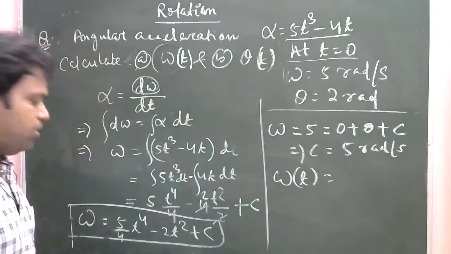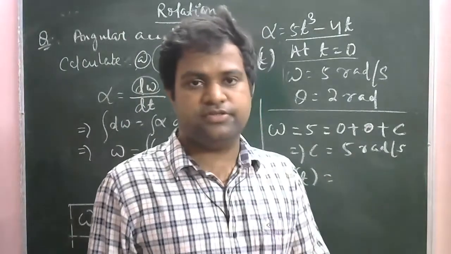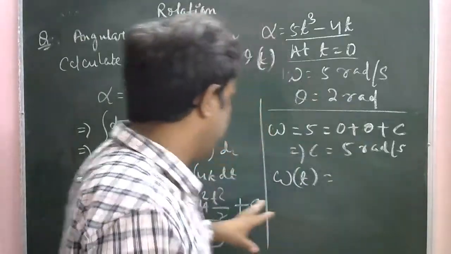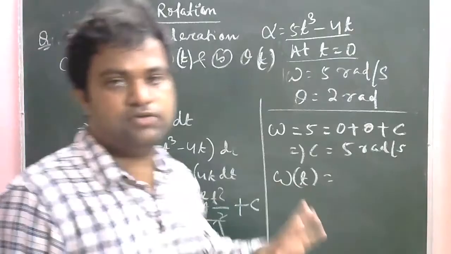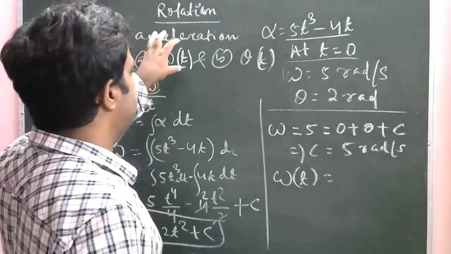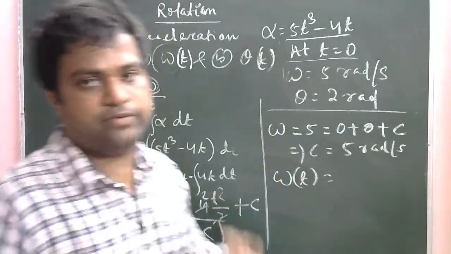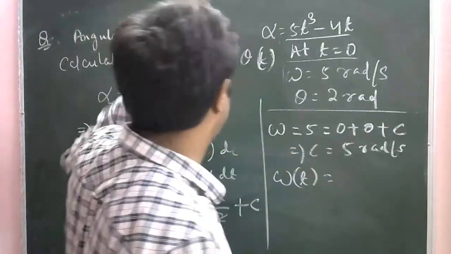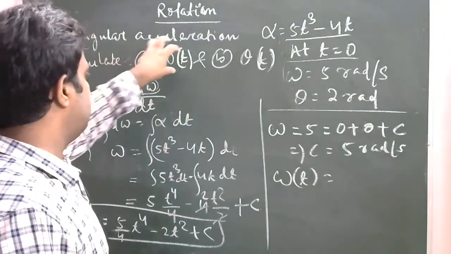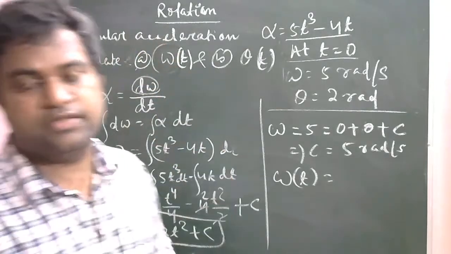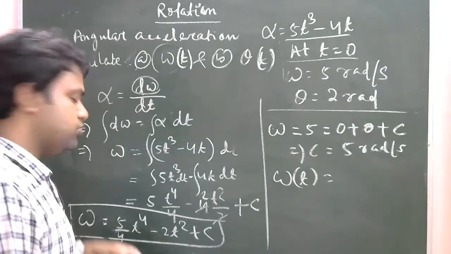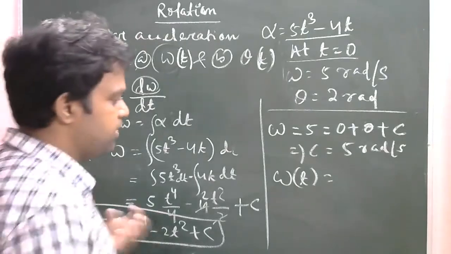Or if the time is given in the question, say calculate the angular velocity at time t is equal to 2 seconds, then you can put t equal to 2 seconds and calculate your angular velocity. If it is just asked to calculate omega as a function of t, then you calculate omega of t. But if time is given, you just put it in place of t and you will get your angular velocity.